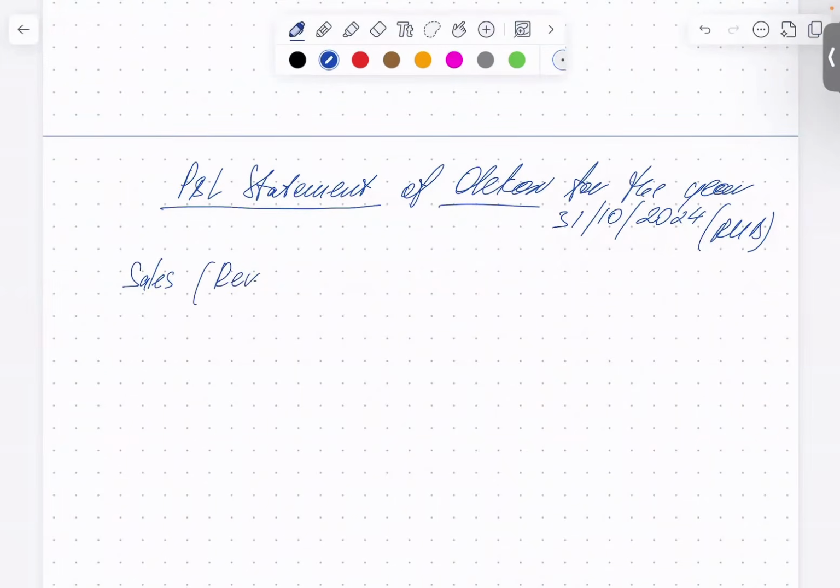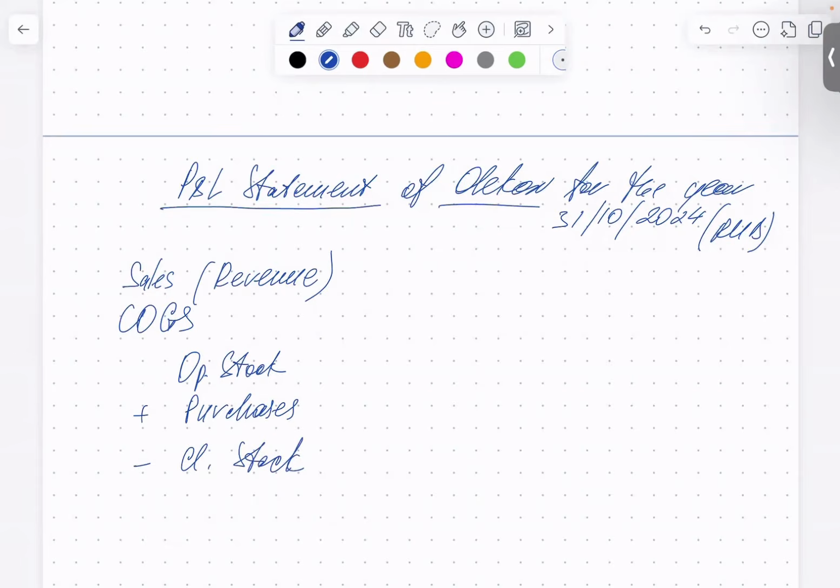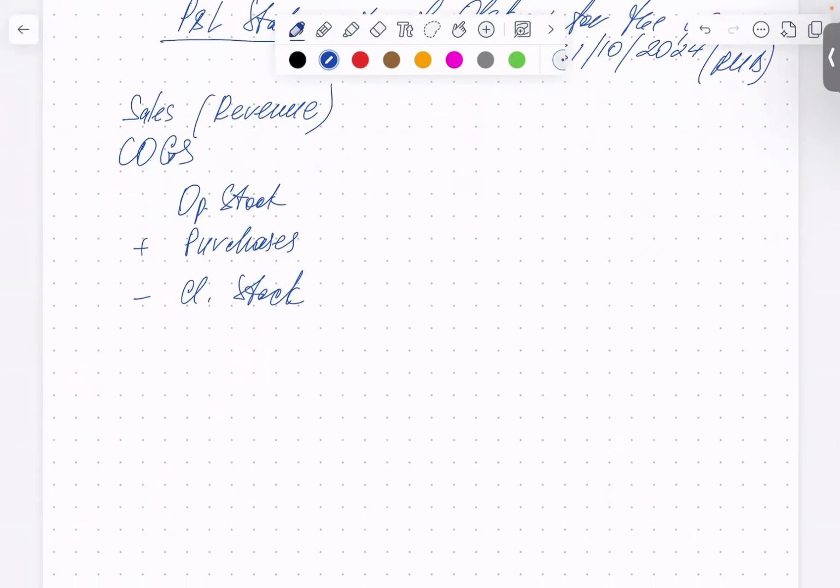They're synonymous. Then you're going to have cost of goods sold, calculated using the formula opening stock plus purchases less closing stock. And when you deduct cost of sales out of sales, you can calculate gross profit.